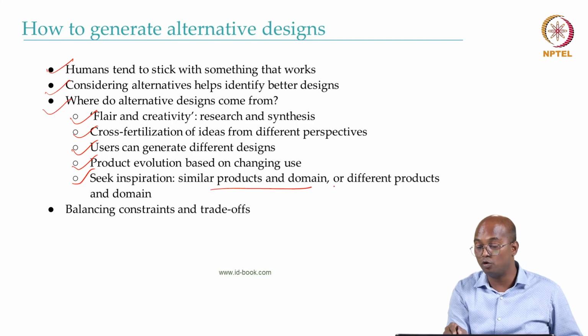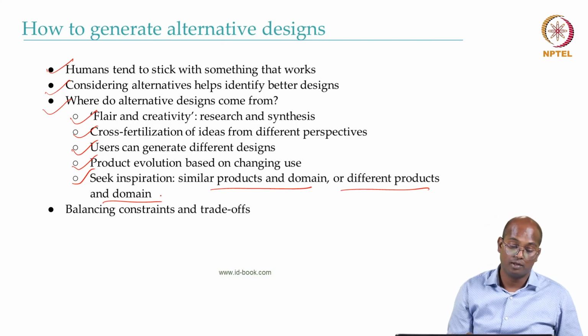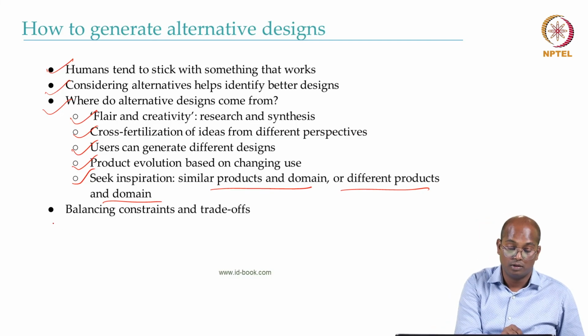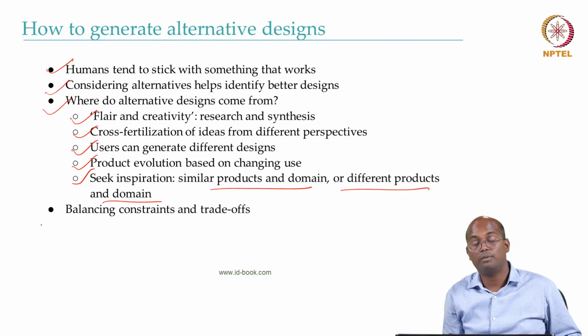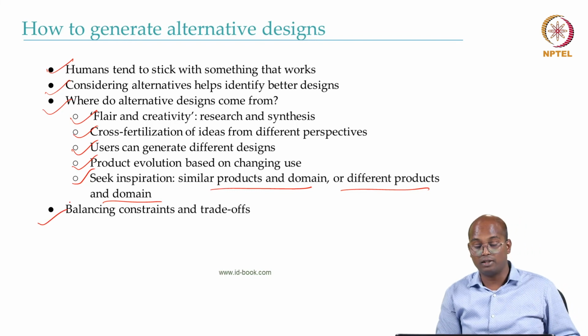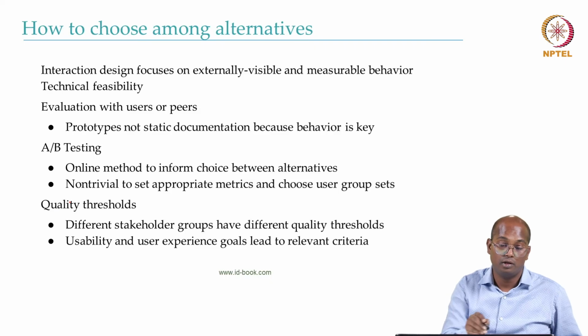Similar products and domains, or different products and domains are there, you can get inspiration from them, where they lack, what you can do, and so on. In research, that is primarily part of, you can say, the literature review that you do, and balancing constraints and the trade-offs.